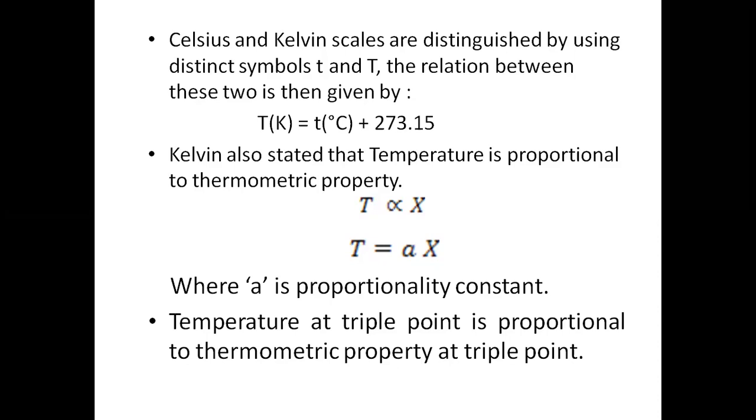Now Kelvin also stated that temperature is proportional to thermometric property. T is proportional to x. Therefore, T equals a constant a times x. What is x? X is the thermometric property. It is length in the case of a mercury in glass thermometer, T is proportional to L. As the length increases, the temperature is increasing.